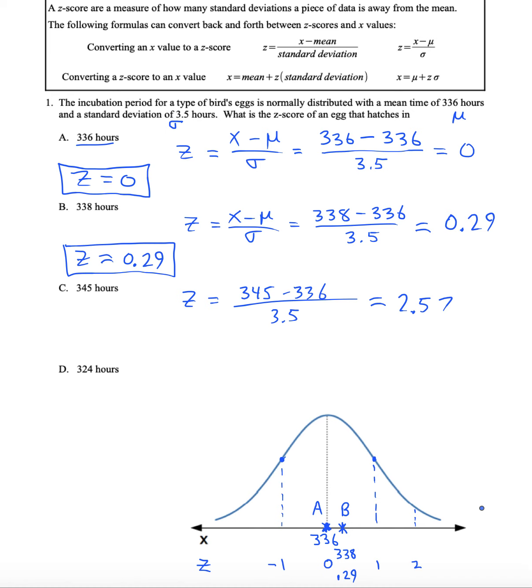And we're going to have to go even farther than that. 2.5 might be around here. And this was 345 hours and a 2.57 z-score. That was C.